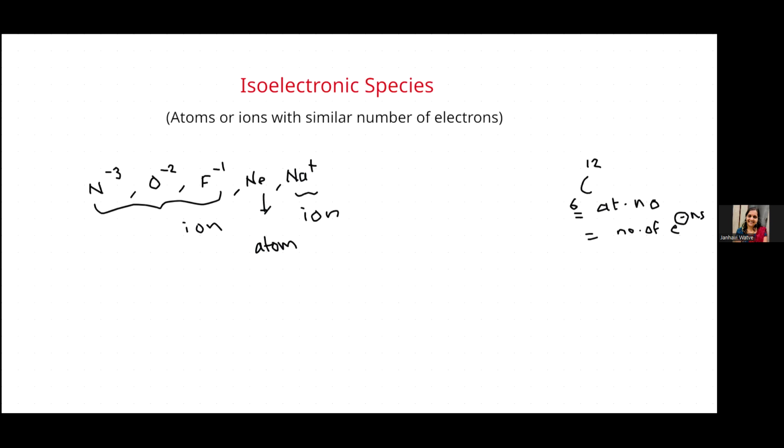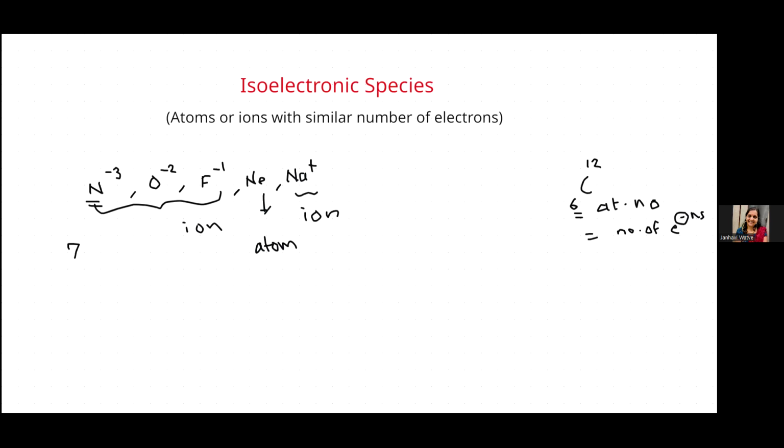So you have to keep in mind all the atomic numbers of the species. If you know the atomic numbers, you can say the number of electrons present in them. Similarly, nitrogen: the atomic number of nitrogen is 7. You can say the atomic number of nitrogen, or the number of electrons in nitrogen, is 7.